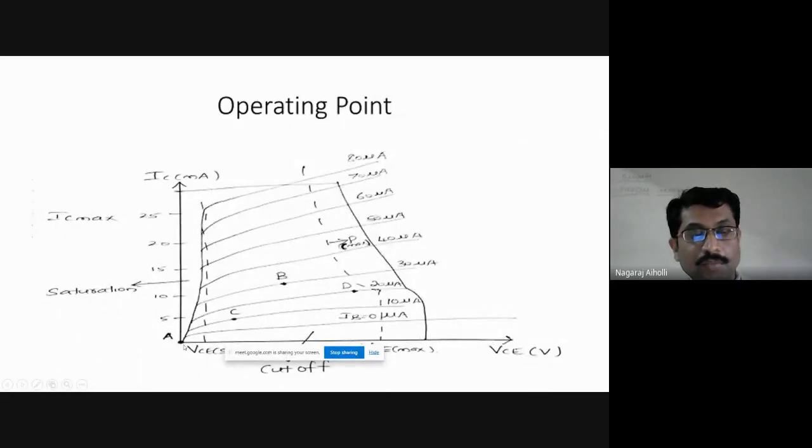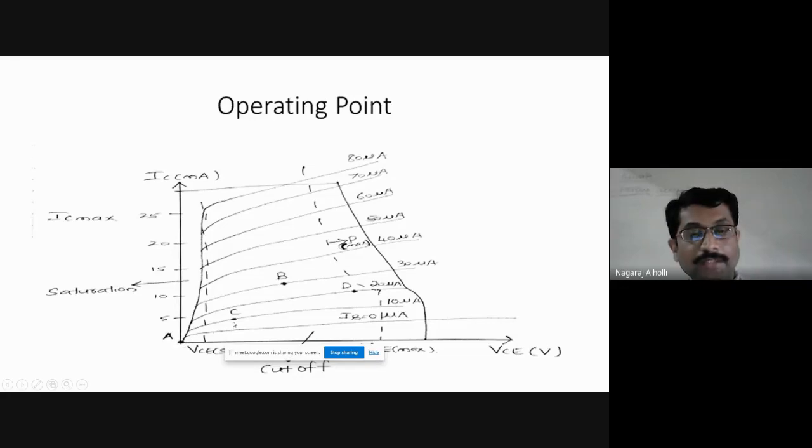If I consider point A, this is when the DC bias voltages are 0 volts, then I get collector current 0 and VCE also 0. Both are 0. Hence I get this point A, which is nearer to the origin. In this region, we are not getting any current or any voltage.